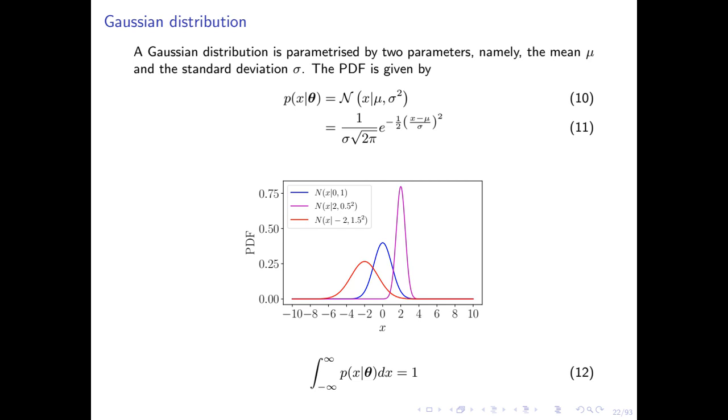So we can move the distribution around. The red curve has a mean of -2, the blue curve has a mean of 0, and the purple curve has a mean of 2. And the variance of this curve here is the largest, it's 1.5 squared. Okay, so this is a Gaussian PDF.